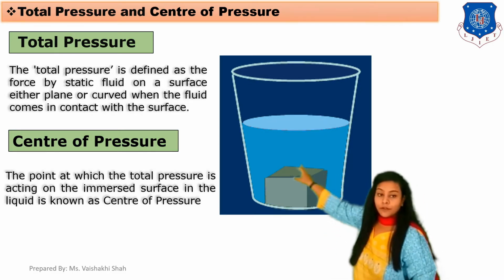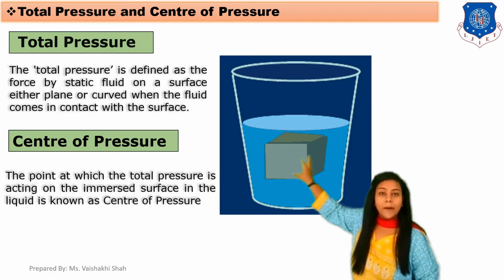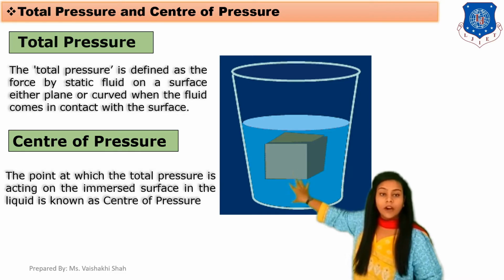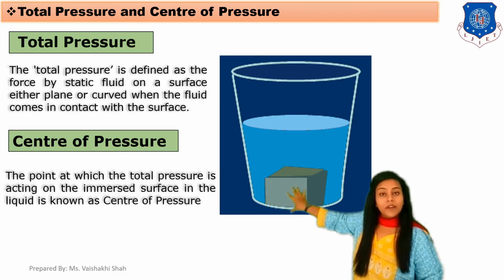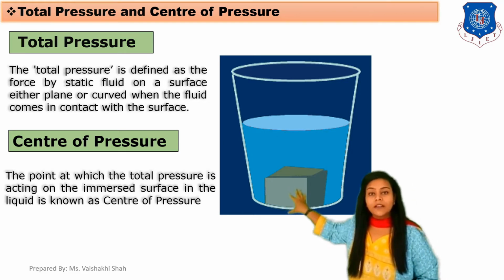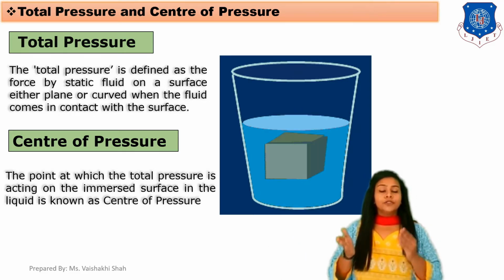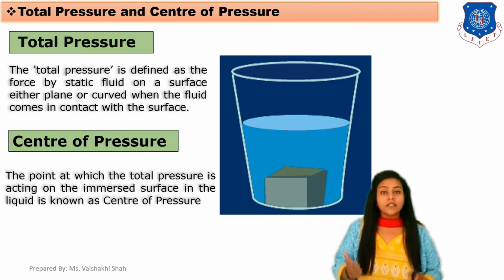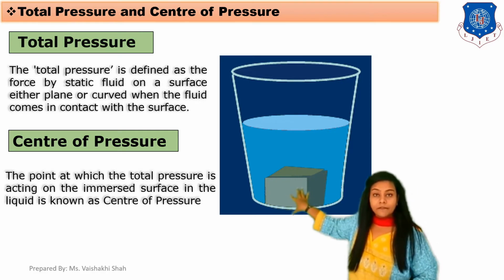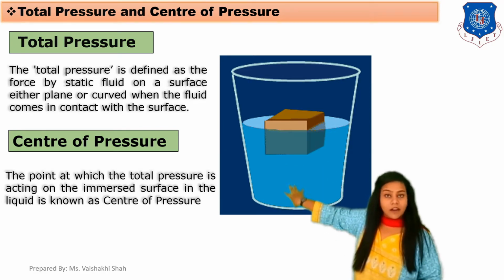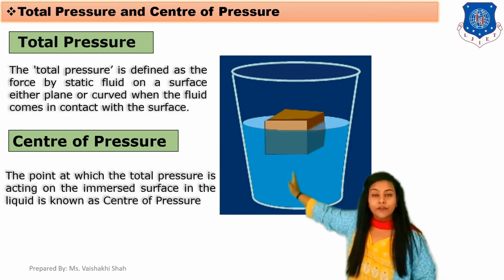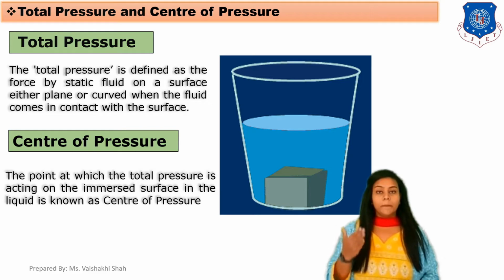So the fluid in the glass applies some kind of force on this rectangular cube when it comes into contact with this fluid. That force is called total pressure. Force by static fluid, force by this steady fluid on the surface, either curved or plane. So this total force by static fluid is called total pressure.